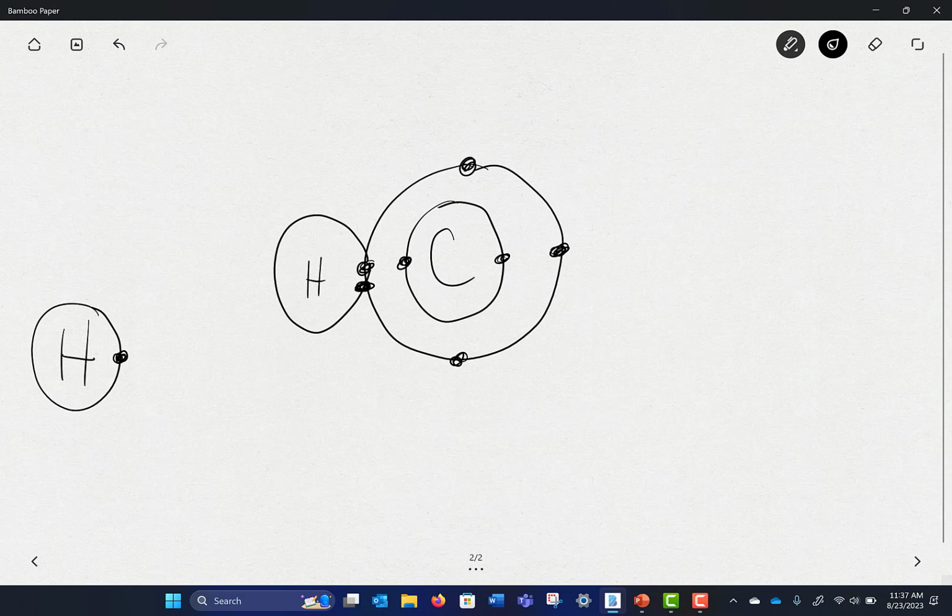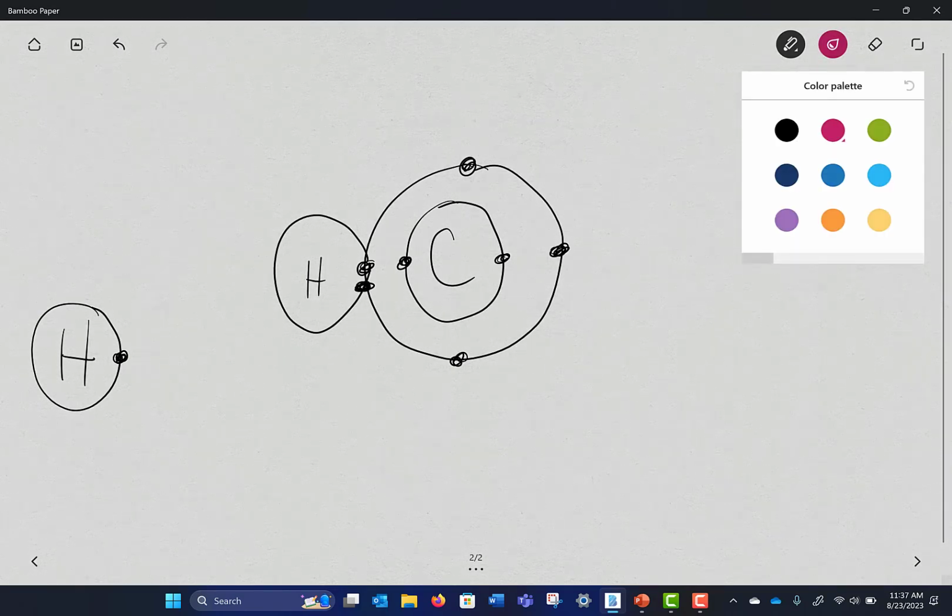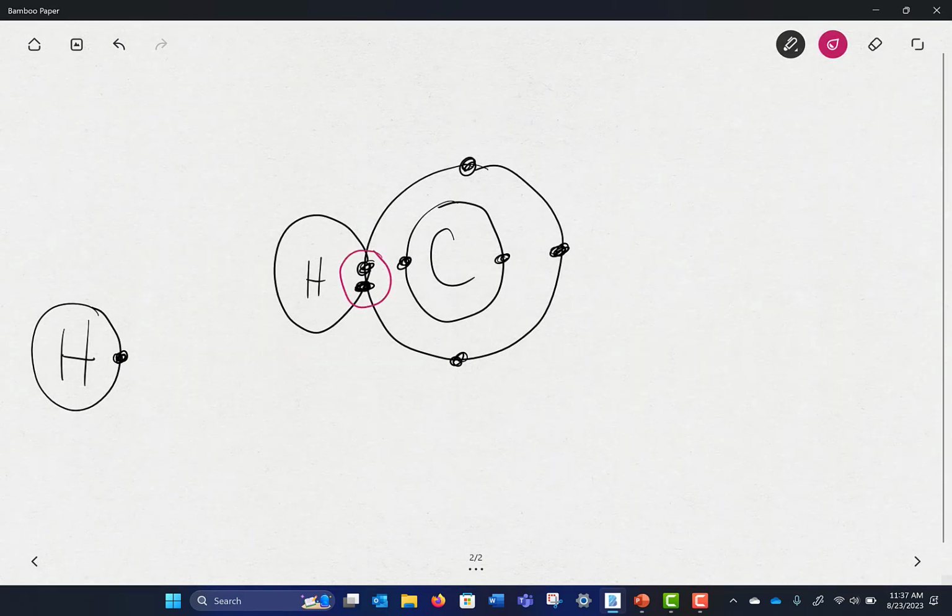Nobody is taking electrons. Nobody is losing electrons. They are sharing the electrons equally. Now, in this area right here, those electrons, one belonged to hydrogen and one belonged to carbon. But now they belong equally to hydrogen and carbon.